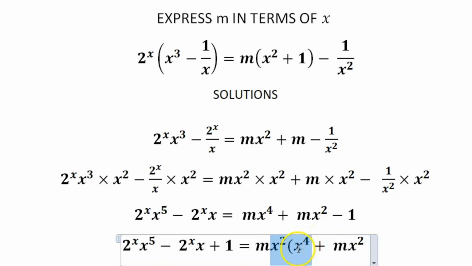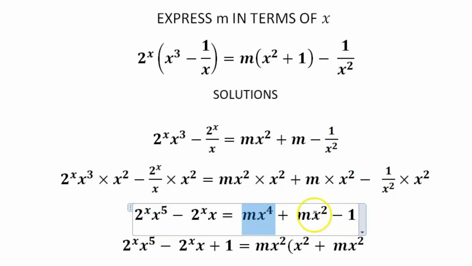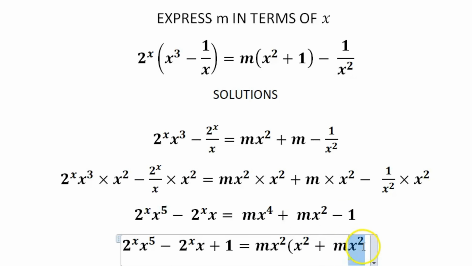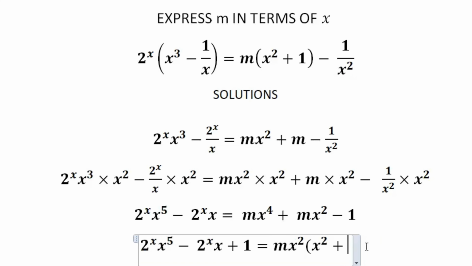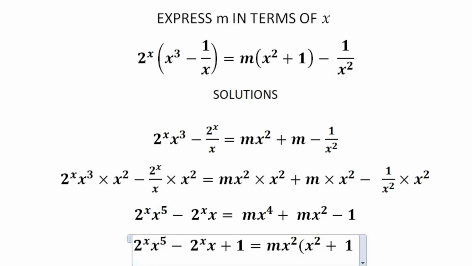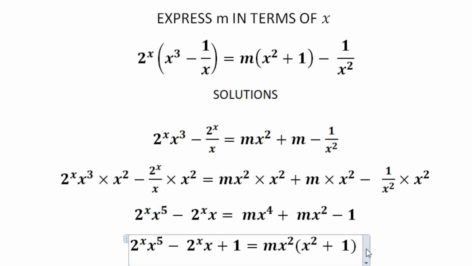So we have mx all squared, and then we have x squared. So to make mx power 4 for this, and then we simplify this one as well to become m alone. Good. So we have that side to be 1. Good. So having that as 1, we now divide the whole of this by the whole of this.